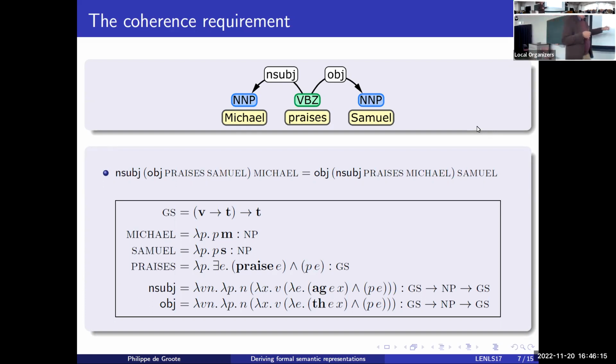Then there is that lambda p here, which is just the fact that we want to have a general sentence at the end, and from an operational point of view, that we should continue to be able to add information about the event.